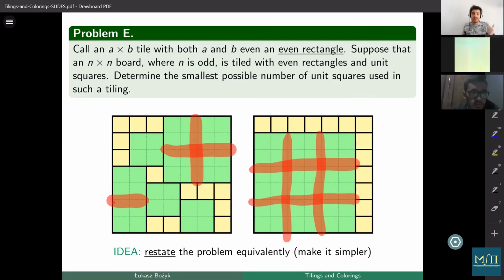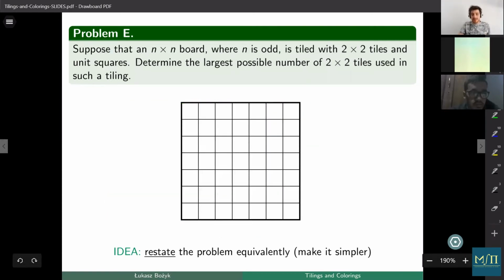So if you tile with 2 by 2 squares and 1 by 1 squares, then it's a tiling with even rectangles and 1 by 1 squares. So these two problems are in fact equivalent, and subdividing each even rectangle into small 2 by 2 cells makes it simpler to think of, and we get another shape of a tile which we can work with. And so let's restate the problem in an equivalent way.